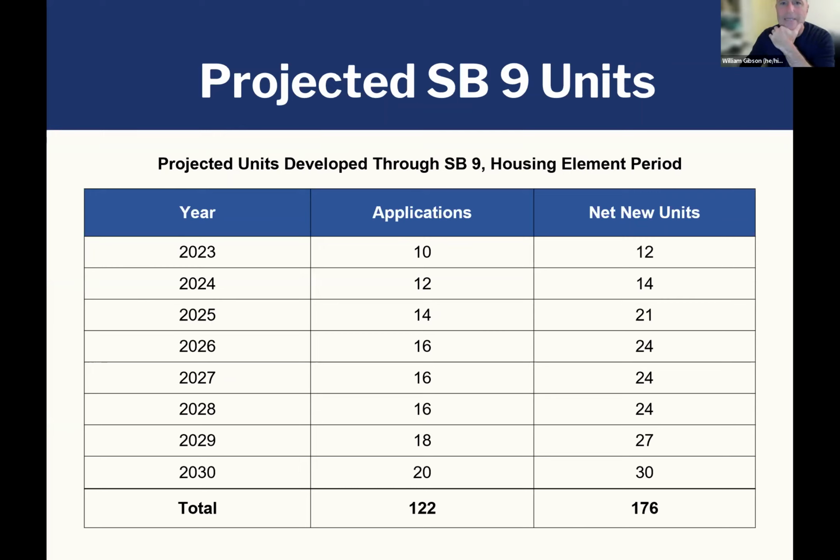We think we'll see at least 10 applications netting 12 new units in 2023, and then there again is a gradual increase. So in total, over the next 8 years, 122 applications and 176 units. Again, I think this is actually very conservative and unrealistically so, but we don't want to make assumptions that are overly aggressive just because it's very hard to project what may happen. So we think this is at least a realistic assessment.